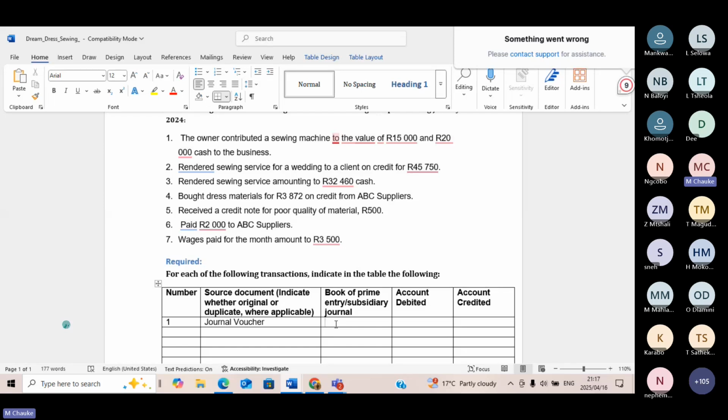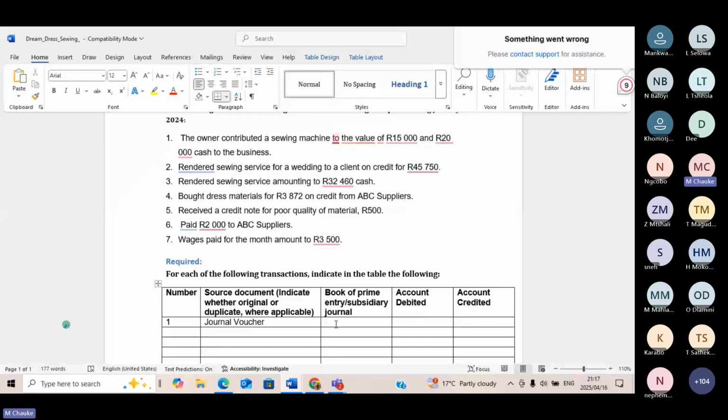We've got the debtors journal, which is DJ. We've got the creditors journal, which is CJ. We've got the debtors allowances journal, which is DAJ, and then the creditors allowances journal, which is CAJ. So in the CAJ, we record transactions where we receive money.